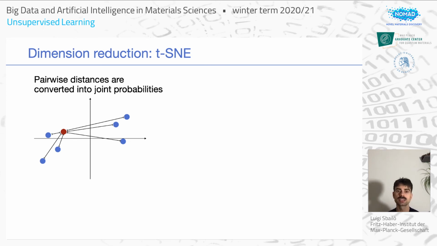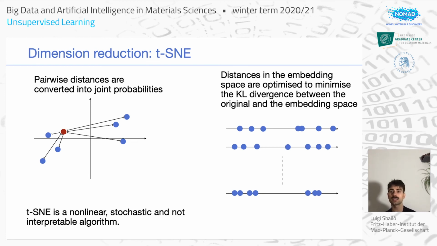This matrix says how likely it is that one point is close to another. So if two points are close to each other, then they are likely to be in proximity. And we would like to preserve these pairwise distances, these joint probabilities, as much as possible during the embedding. The algorithm is the following.